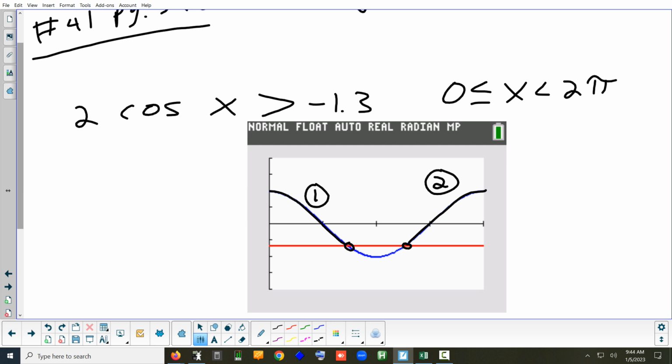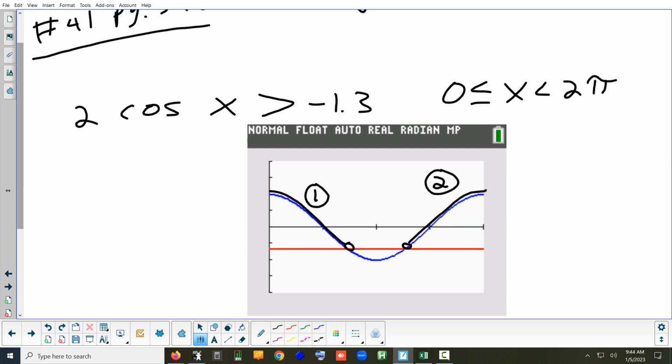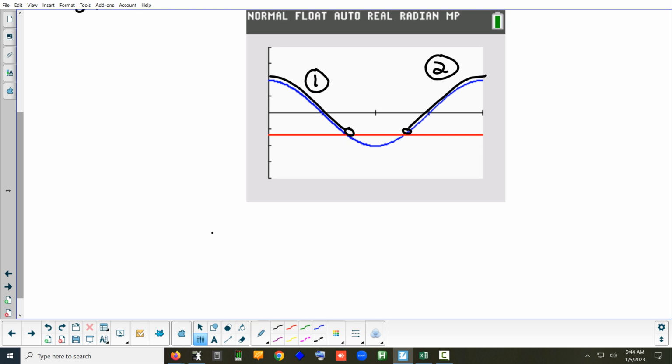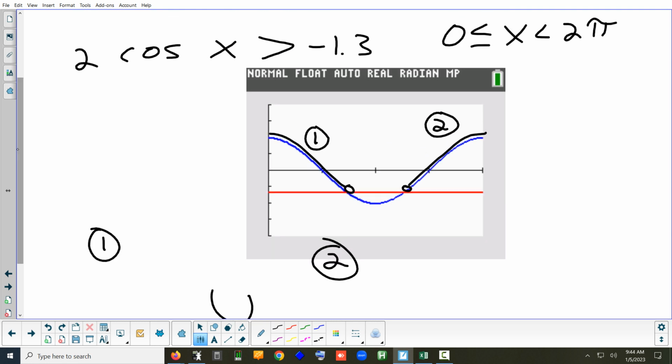Now, let's look at the left end of this interval. Where is the very left end of interval 1? Let's start writing our answer. Where's the left edge of interval 1? At 0.